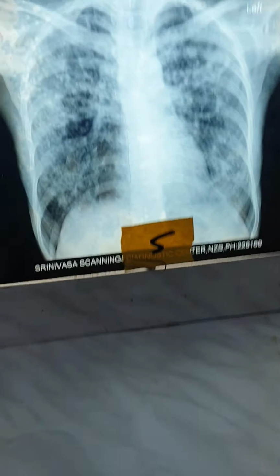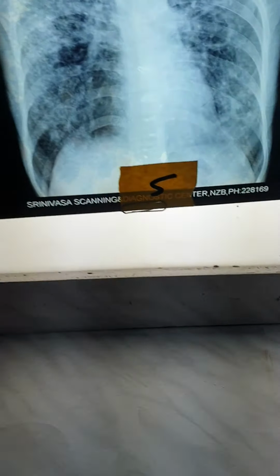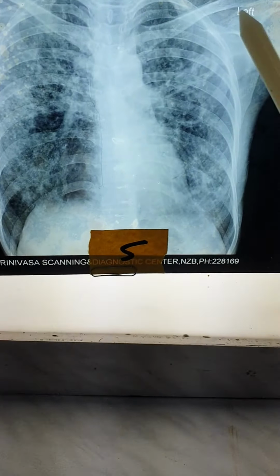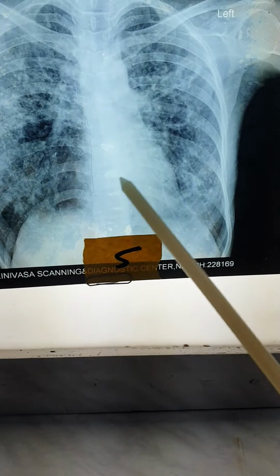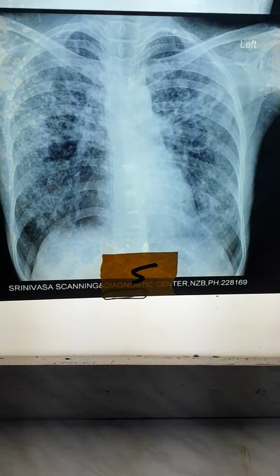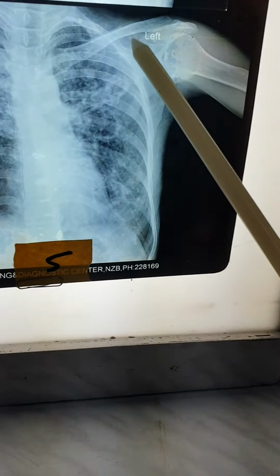Now I will go to X-ray number 5. Here. You see once again, the cardiac shadow is absolutely normal, a small heart, and both lungs, right and left, you can see the markings.